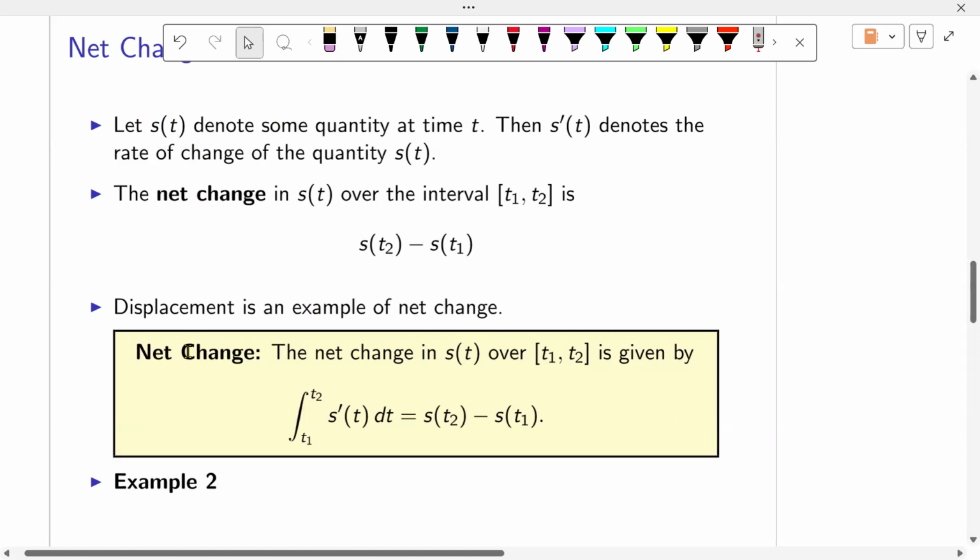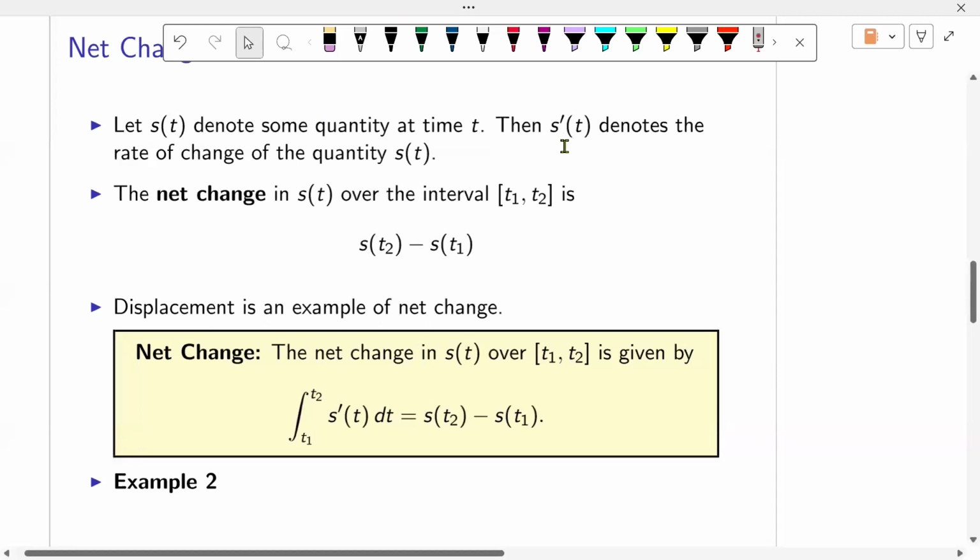That quantity could be the position on a highway. It could be the amount of water in a bucket. It could be the value of a stock. It could be a person's blood pressure at a given time. It could be just about anything, right? S of t is some quantity that changes with time t.